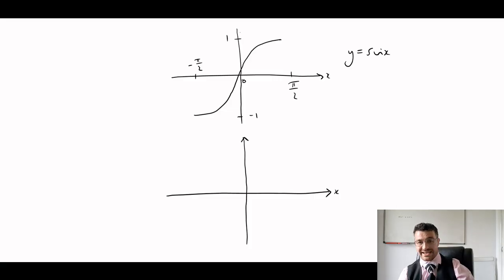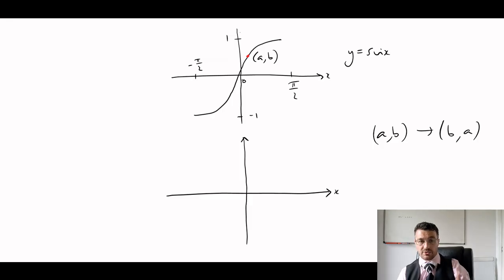But if we take any point on the graph of y equals sine x, just a point here, and it's got coordinates a and b, then if we reflect this point in the line y equals x, this point will end up at the point with coordinates b, a. Okay, so the point with coordinates a, b will end up at the point with coordinates b, a.